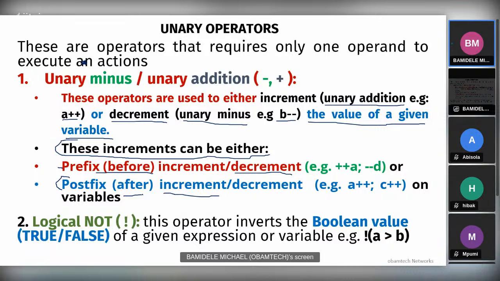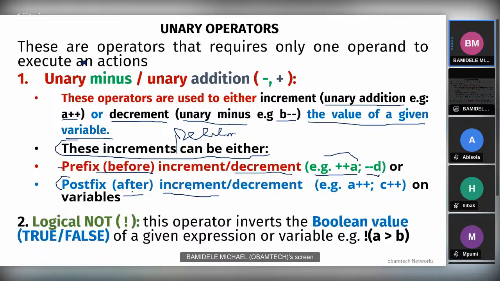Unary addition is used for performing increment operation. And this increment or decrement can either be prefix, before, or postfix, after. The indication of a prefix increment is plus plus a in this case, or prefix decrement, minus minus d.